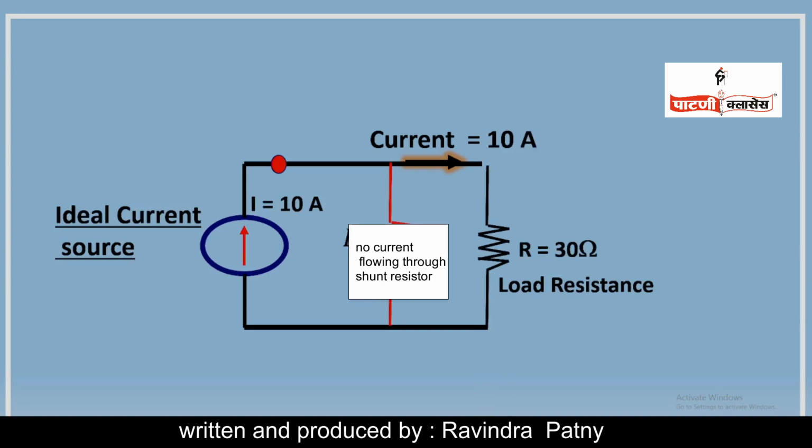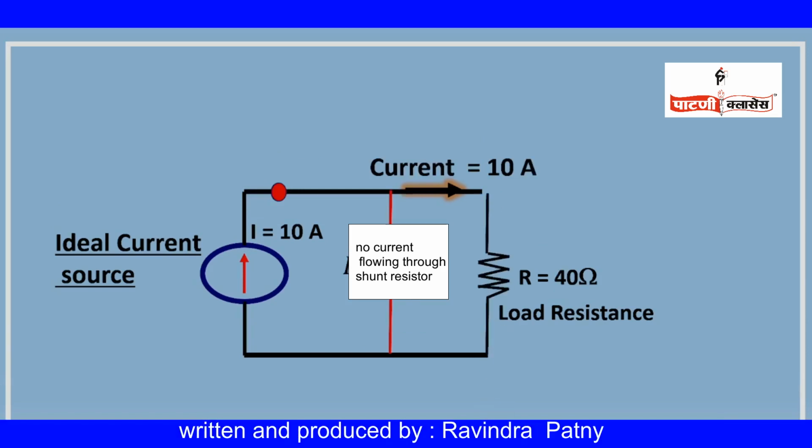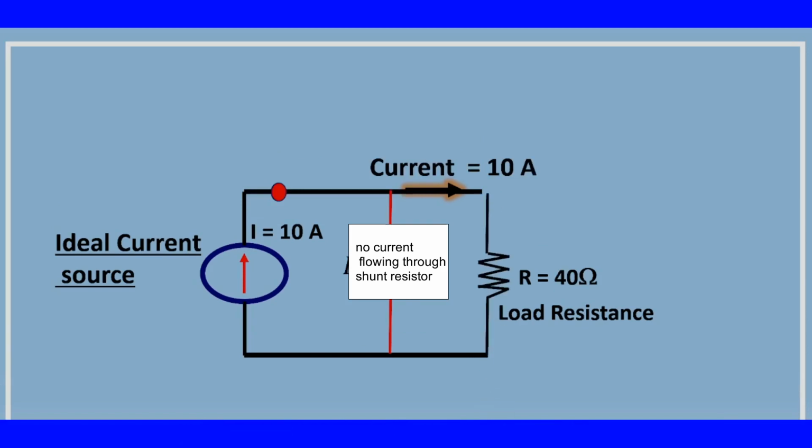A load resistance of 30 ohms is connected across the given device. The current flowing through the circuit is found to be 10 amperes. Now a load resistance of 40 ohms is present in the circuit and the current flowing through the circuit has not changed and remains 10 amperes.